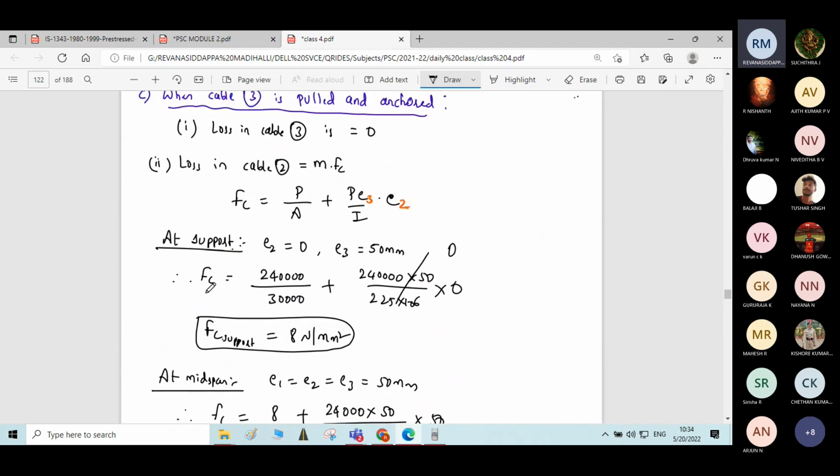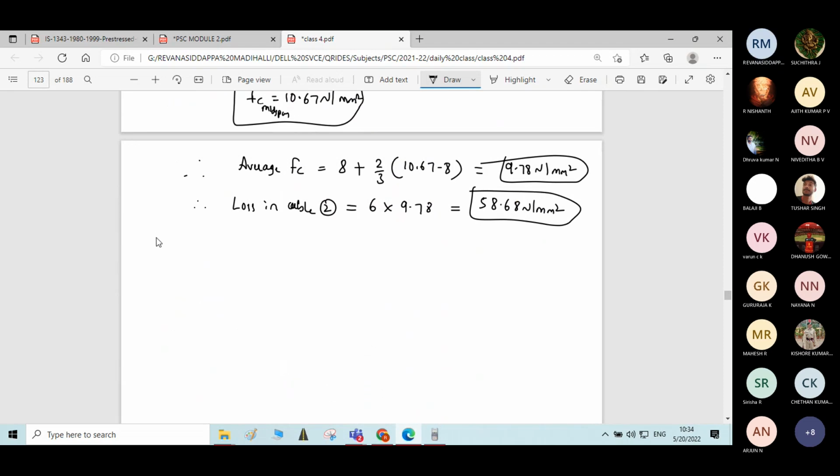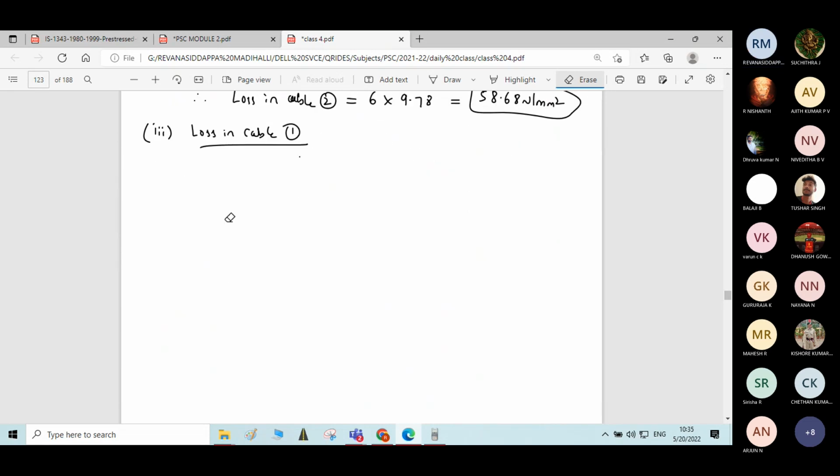Similarly, you need to calculate loss in cable 1 now, the third one. Loss in cable 1. Okay. So at support, before that you write the formula. FC is equal to P by A plus PE by I into E, and the third term is 0.